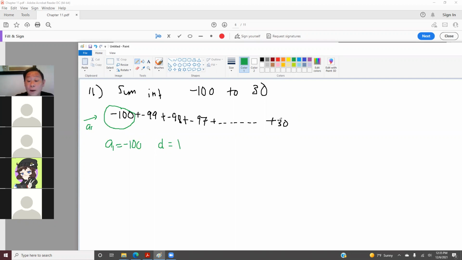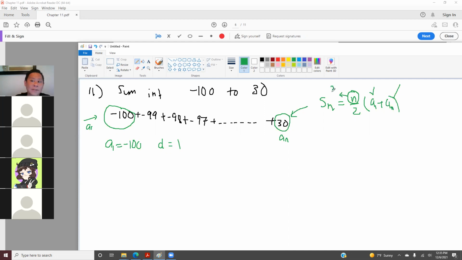We know the last term, your A_n, which is 30. So we use the formula Sn equals n over 2 times A1 plus A_n, where A1 is -100 and A_n is 30. But we need to figure out what n is here.